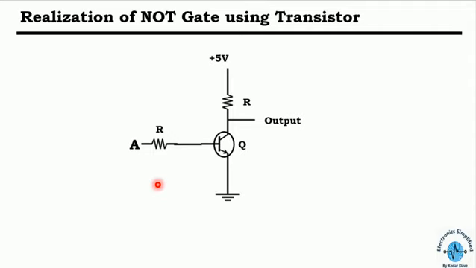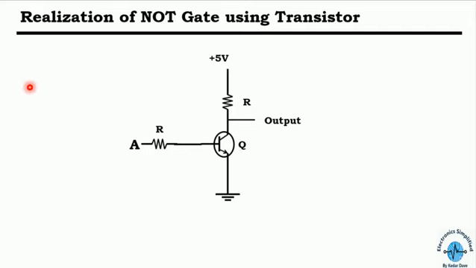If we are talking about a silicon transistor, then it could be greater than 0.7 volts at the input side to operate the transistor in any particular state. So here, what amount of voltage we provide at the input side will decide how the transistor will work.